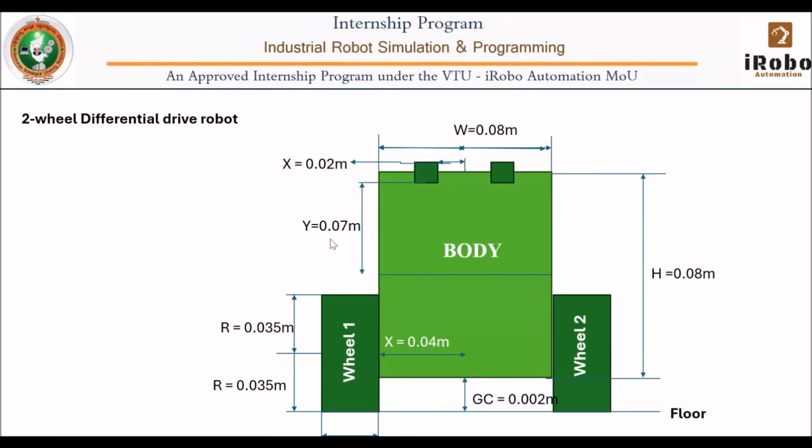So here some changes to be done. So here the position from this vertical axis is 0.02 meter. Okay, so this is 0.07 from the bottom, you can say, that is the position. So these are the dimensions of the robot we are going to design.